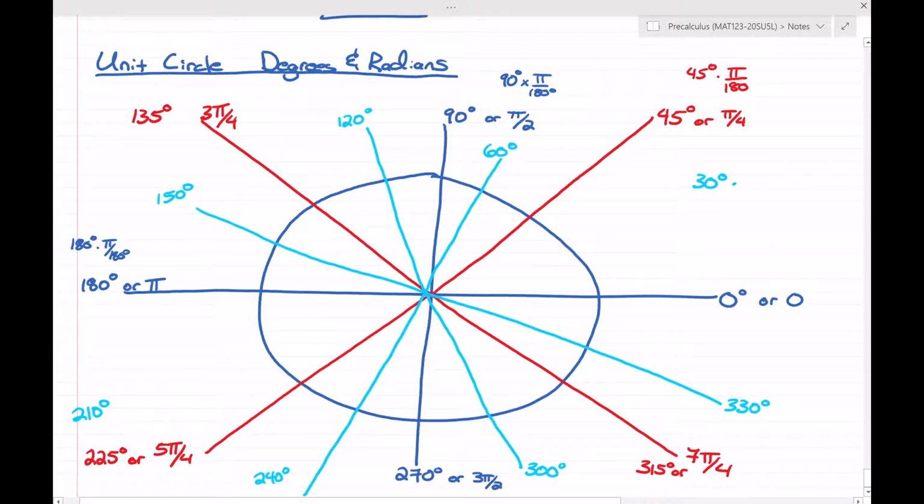Watch how this works here. If 30 degrees is pi over 6, it's 1 pi over 6, right? So if that's 1 pi over 6, this is 2 pi over 6.